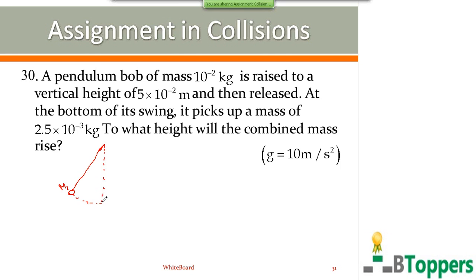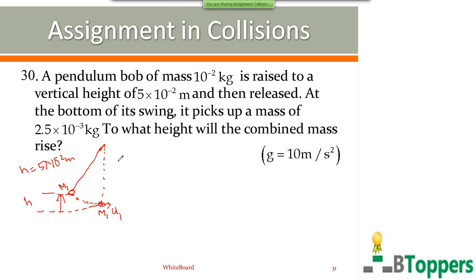The bob moves in the arc of a circle before collision. Let U1 be the velocity of the bob just before it collides with the second particle at the bottom of its swing. The initial vertical height from which the bob falls is denoted by H, which is given to be 5 into 10 power minus 2 meter.